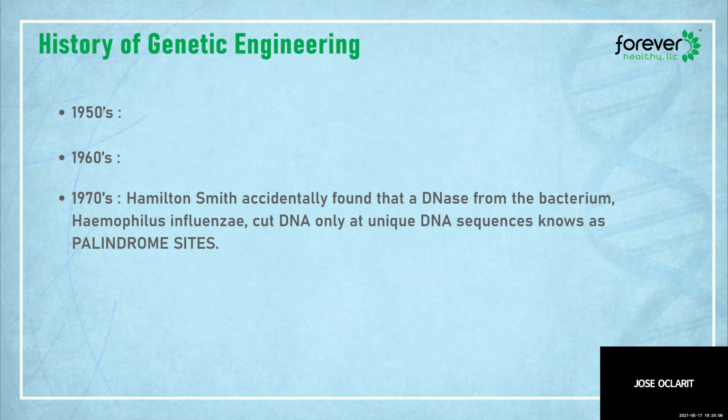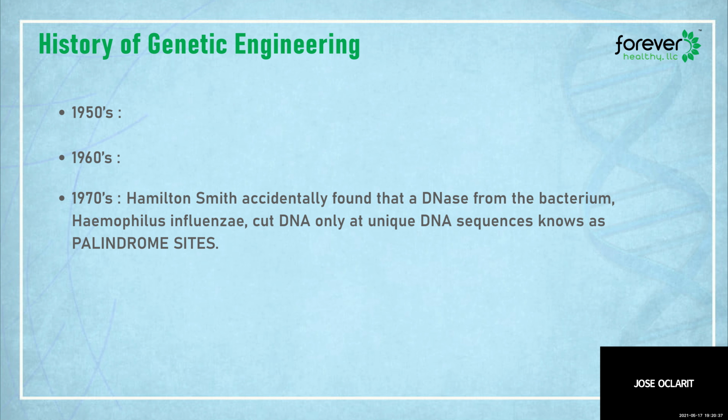Remember that DNA is just letters of A, T, G, C. A pairs with T, G pairs with C. Our DNA is a sequence of letters A, T, G, C. And this enzyme DNase coming from bacteria can cut a certain segment of DNA in order to transfer it.